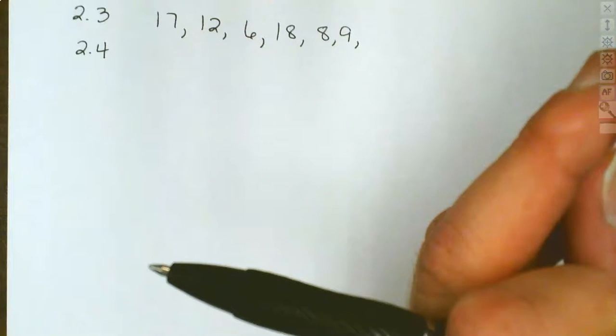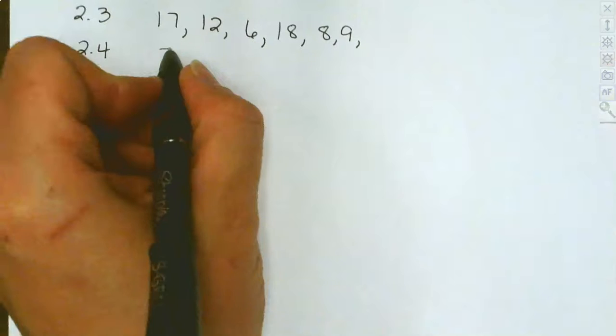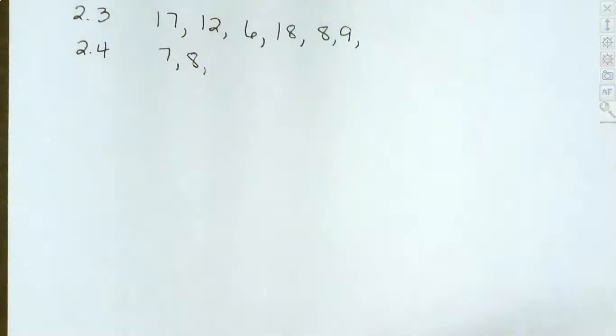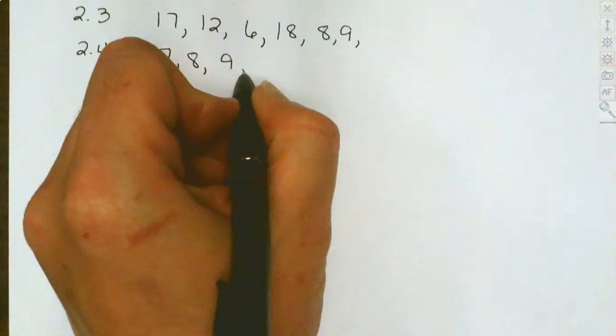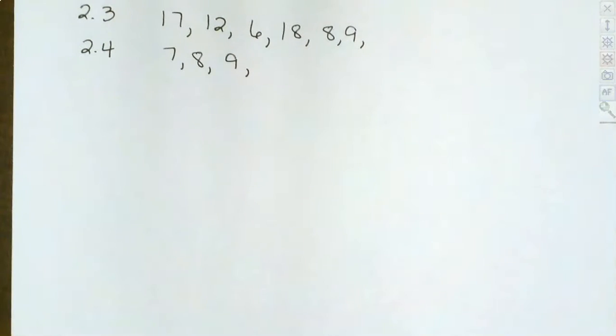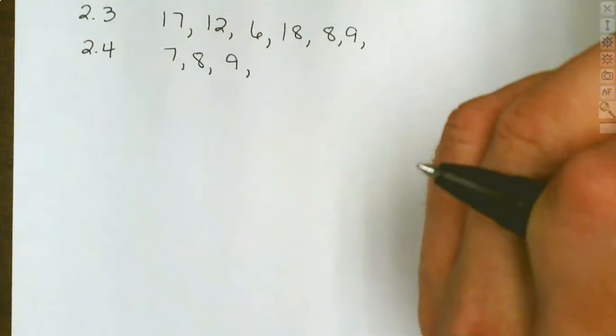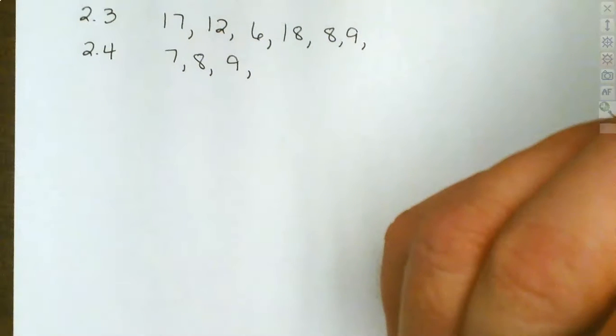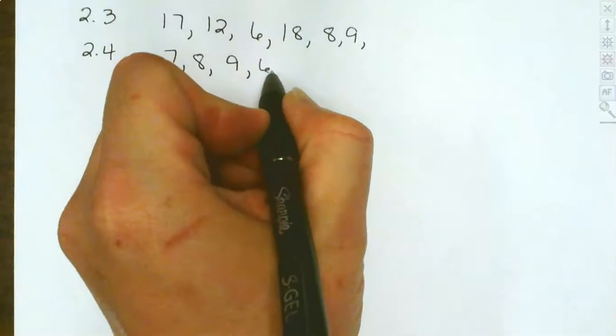Either 7 or 8. Sure, yep, we can look at 7 and 8 both just to make sure we know how those work. 9. Sure, question 9 also. 6. Yep, 6 also. Okay.